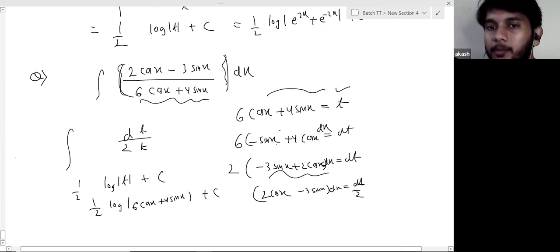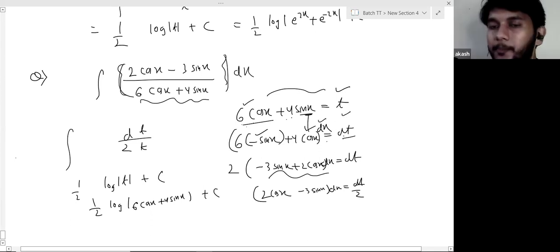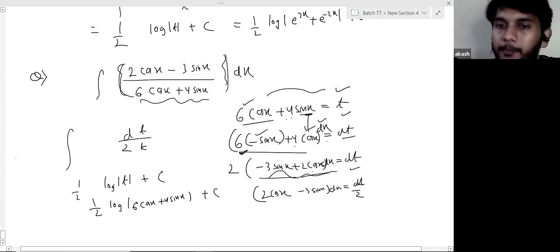Now, if you differentiate this, what will we get? 6 cos x differentiation is 6 into minus sin x, plus 4 into differentiation of sin x is cos x, into dx equals to differentiation of t is dt. All right. Taking 2 common here, if 2 is gone from 6, we'll have minus 3 sin x plus 2 cos x dx equals to dt. All right.